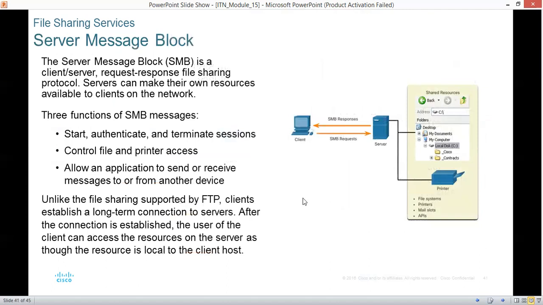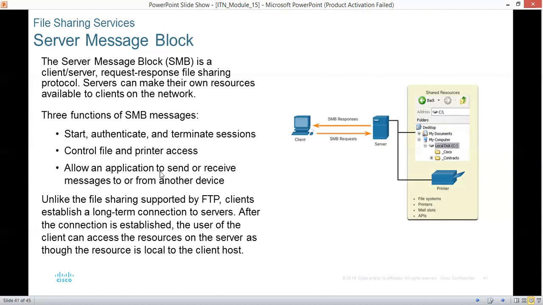And then the Server Message Block, SMB, is a client-server request-response file sharing protocol, in which servers can make their own resources available to clients on the network. The three functions of the Server Message Block are that it starts, authenticates, and terminates the session. So the Server Message Block is a way for the server to make its content or resources available to clients directly from the network, in other words, making instances of those resources available.